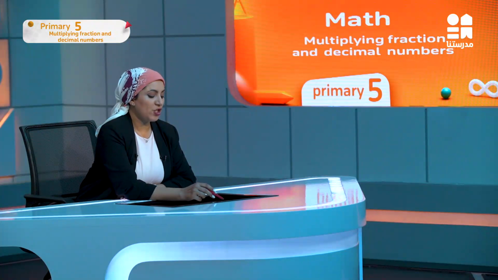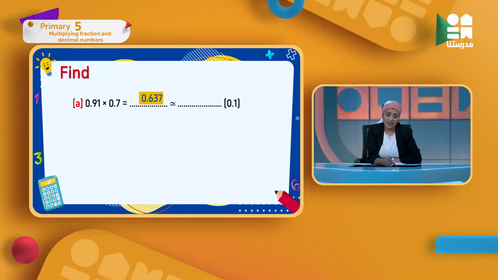Here, the tenth digit is the 6, and I have to check the next door. If the next door is strong, then it will make the 6 gain 1. But if the next door is weak, the digit stays as it is. So here, the next door is the 3.